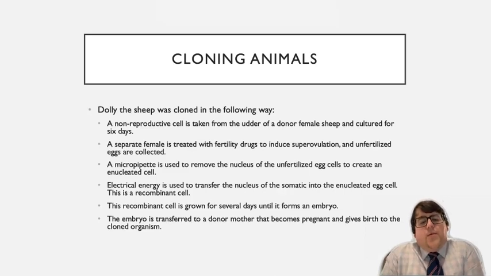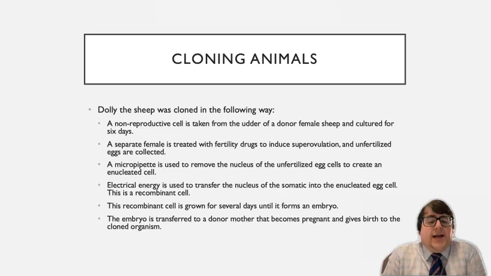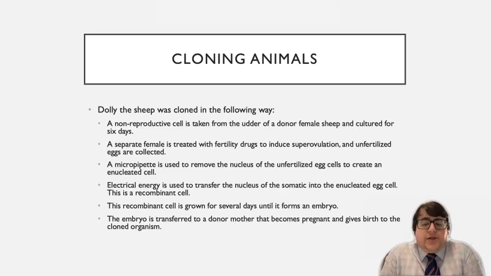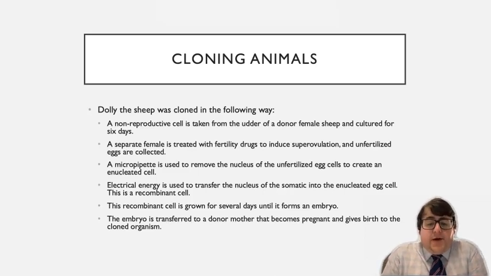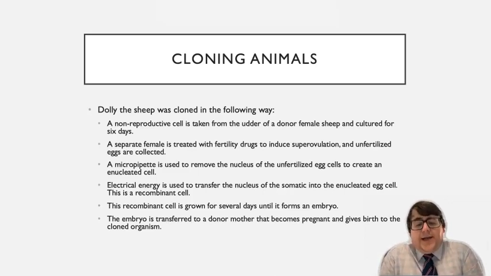Using a micropipette, we removed the nucleus of the unfertilized egg cells to create an enucleated cell, so an egg cell without a nucleus. And we then used electrical energy to transfer the nucleus of the somatic cell into the enucleated egg cell, creating a recombinant cell.